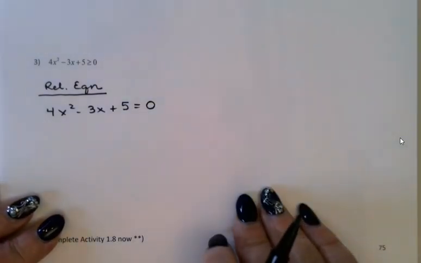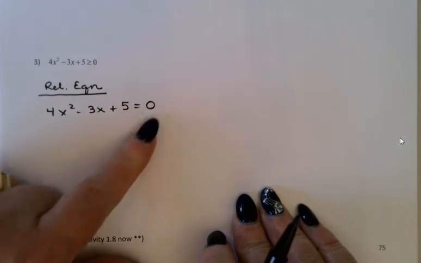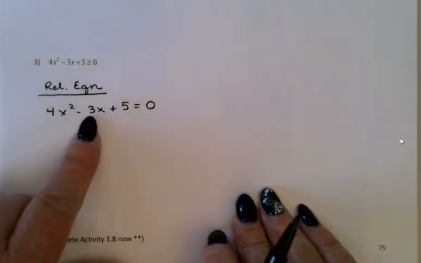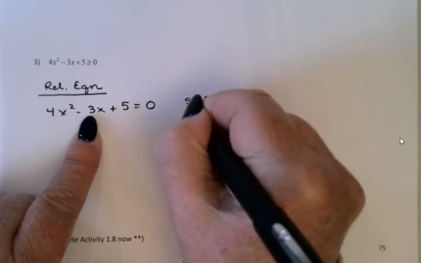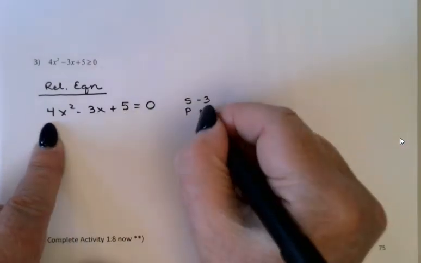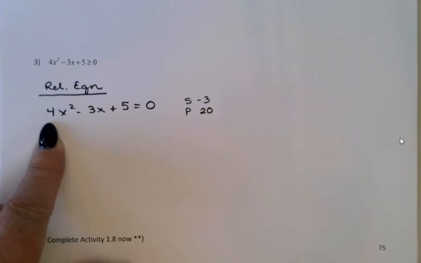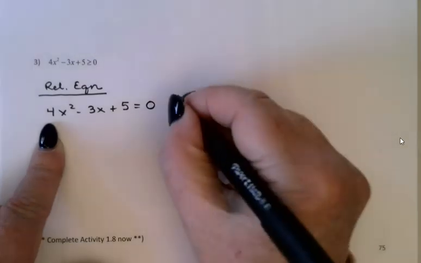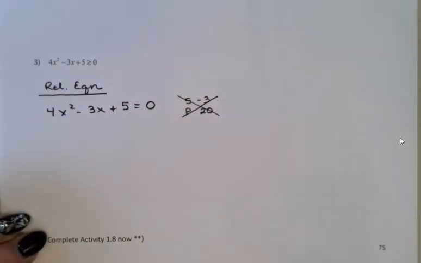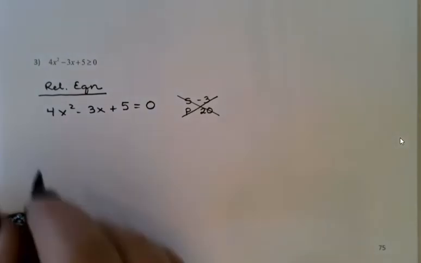Let's think this one through. If we were going to try to factor this, it's already equal to 0, so we could try. We'd need a sum of negative 3 and a product of 20. I don't think that's going to work. 1 times 20, 2 times 10, 4 times 5. No way to get that sum of negative 3. So I think I'm stuck with the quadratic formula again.